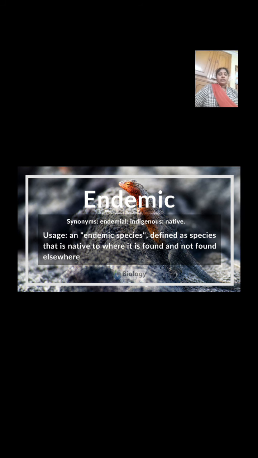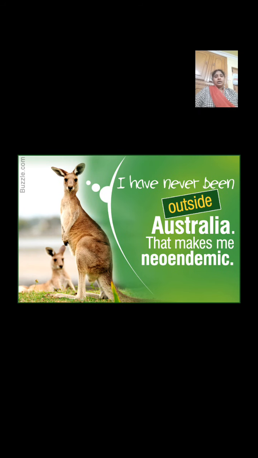Such kinds of animals, organisms or plants are called endemic species. Suppose you see what is there in the picture here. It is a kangaroo. So kangaroo is endemic to Australia. It means that kangaroos are found only in Australia, mostly in Australia, not anywhere else.